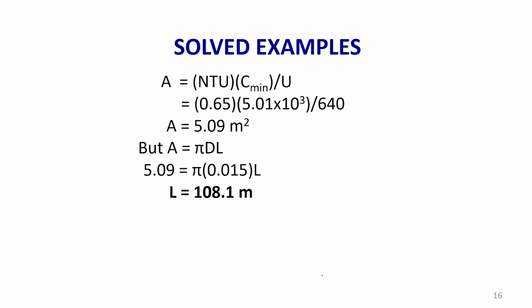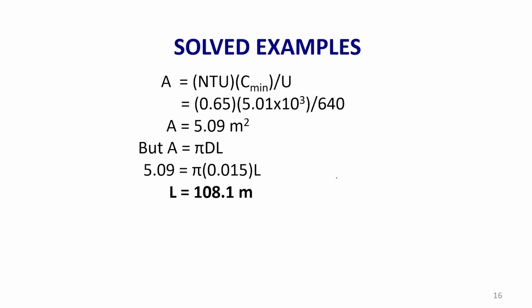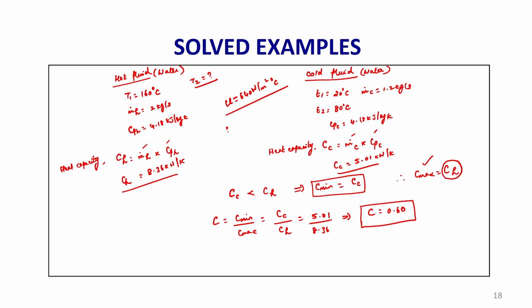The diameter is also given, 1.5 centimeter, which is equal to 0.015 meter. So now our next step is to find the effectiveness, epsilon.